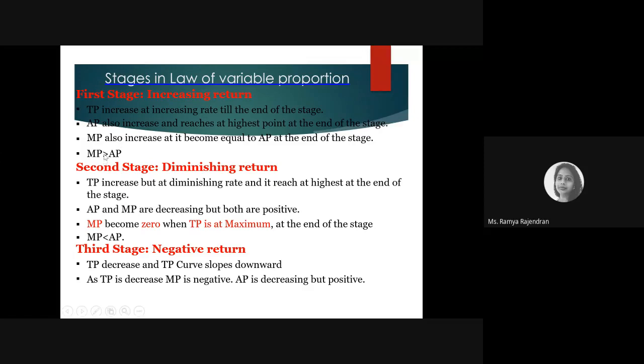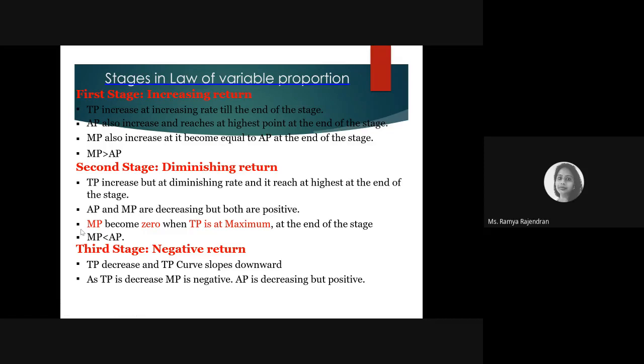Here you will see marginal product is greater than AP. In the second stage, it starts decreasing. Here the marginal product becomes zero at the end, and the total product will be maximum when compared to the rest at the end. But here the marginal product will be less than AP.